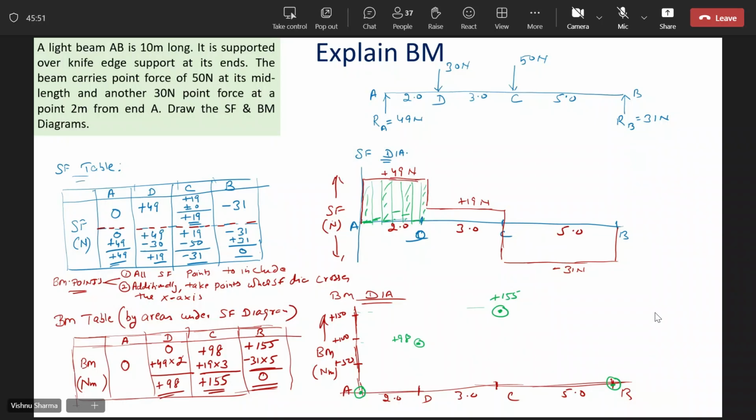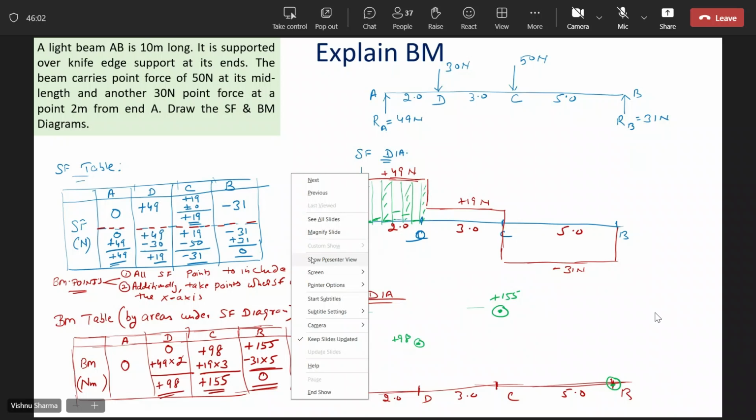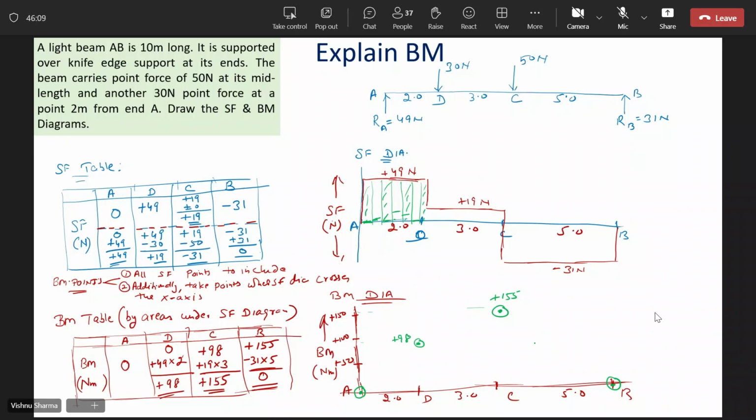So I'll put my scale between 0 at A and plus 98 at D, and I'll join them with a straight line. Let me use a green marker. So I had a look at the SF diagram from A to D, and I decided on the shape to be a straight line.